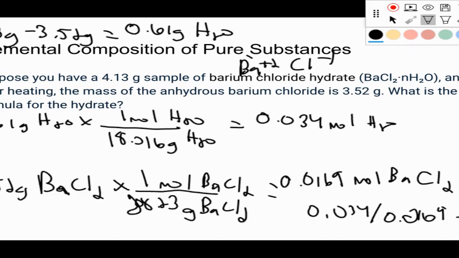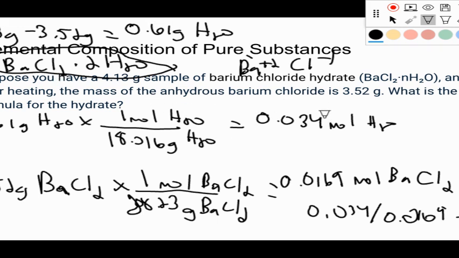It's 2.0. So then my answer would be that it is BaCl2 times 2H2O, because that's actually what I'm trying to figure out, the formula of the hydrate. This whole thing is part of the formula for the hydrate because they are chemically attached. So you can't just say 2H2O because that's not actually the chemical formula.